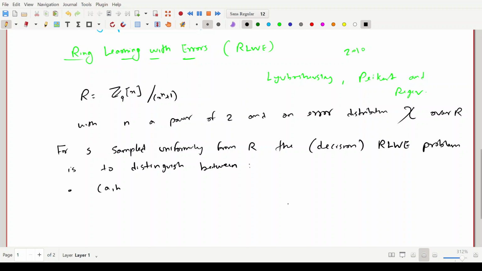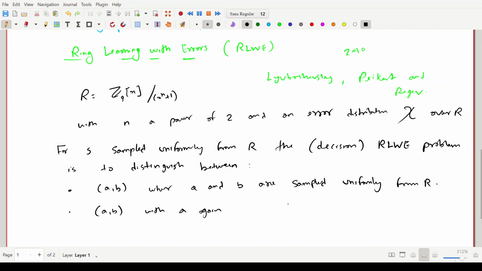The first is (a, b), where a and b are sampled uniformly from R. And in the second case again I am having a and b, but here your b depends on your a, with a again sampled from R and e from the distribution chi, set b equal to a times s plus e.